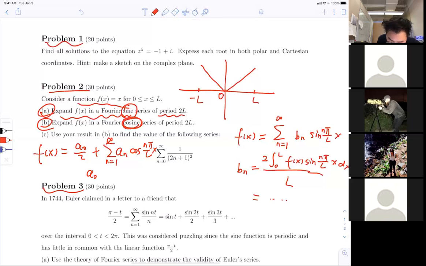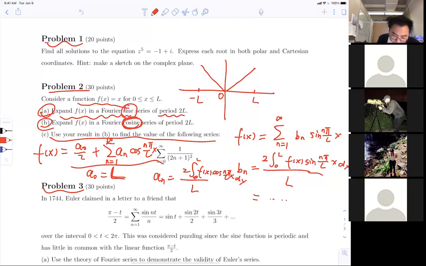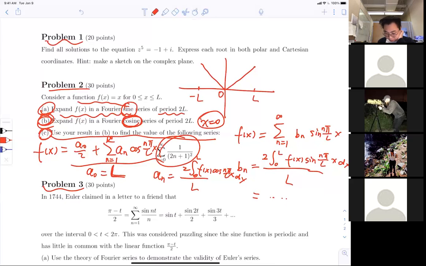You can calculate a naught and an using the standard formula. Something here, I think this is L. Then you plug in and get the final result. For part C, once you have part B, it's quite straightforward. You just set your x to be 0, and you get this.